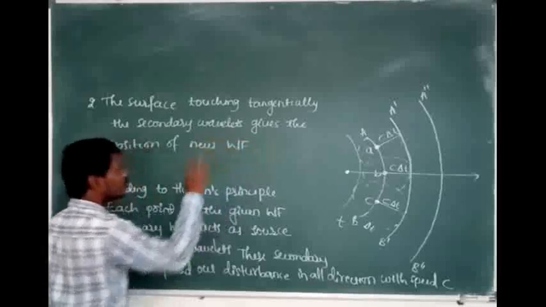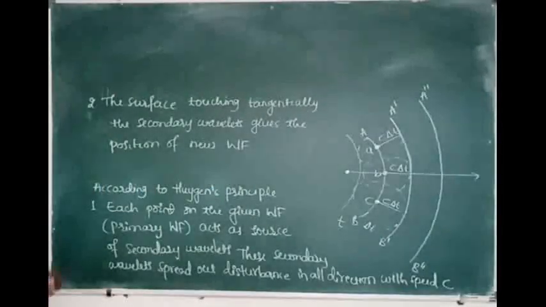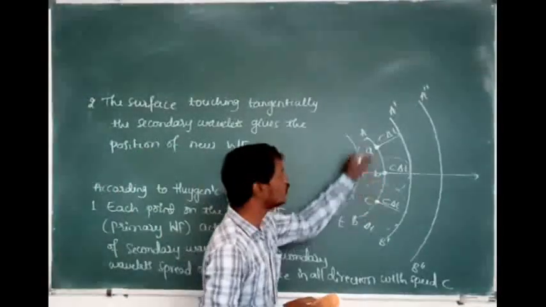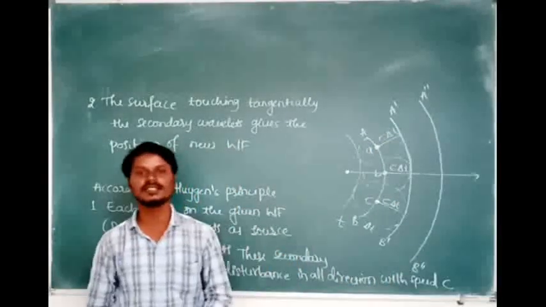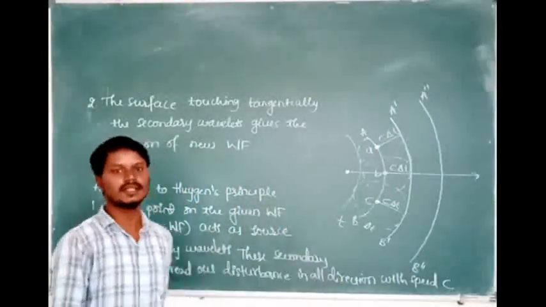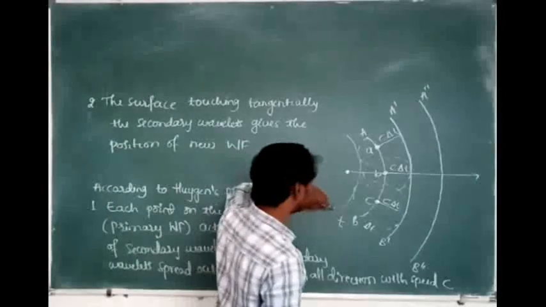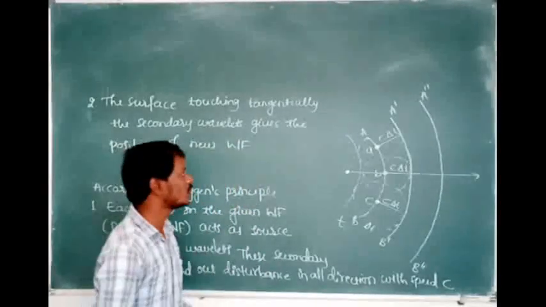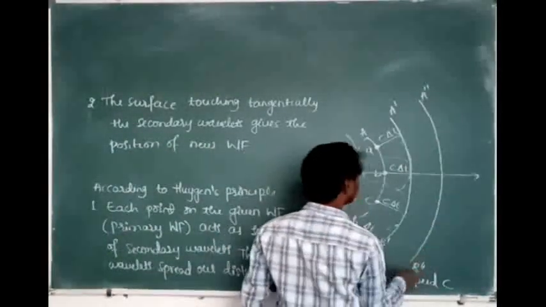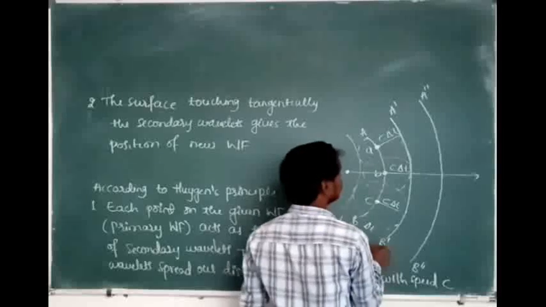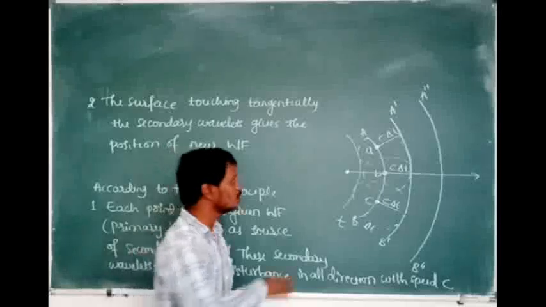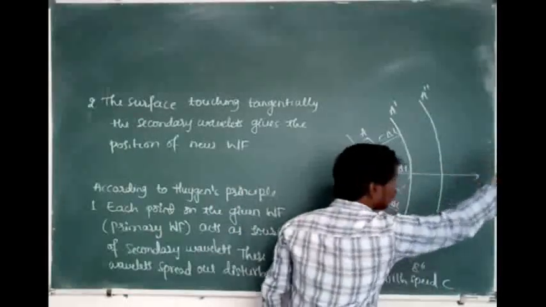That is the Huygens principle now. So what does Huygens principle tell us here? Huygens explained that it is a geometrical method to obtain the position of the new wavefront in which direction? In the forward direction. This is the backward wavefront, this is the forward wavefront, and this is the given wavefront. So for A double dash B double dash, A dash B dash is the primary wavefront and A double dash B double dash is the secondary wavefront. Means the wave is propagating in which direction?